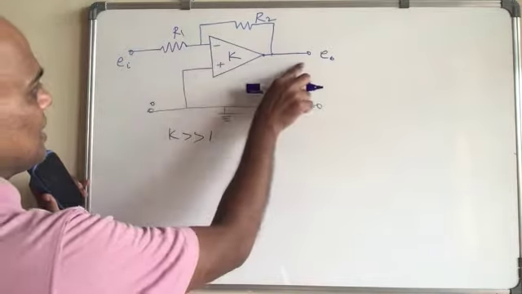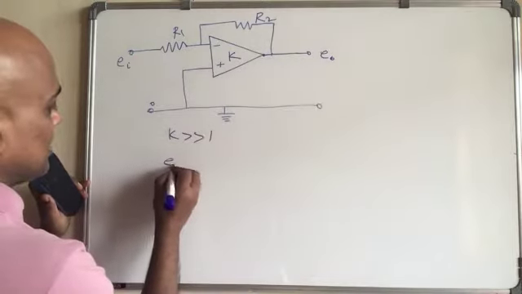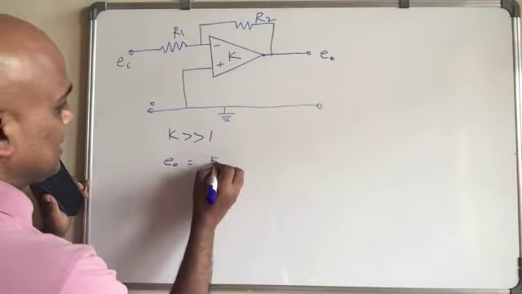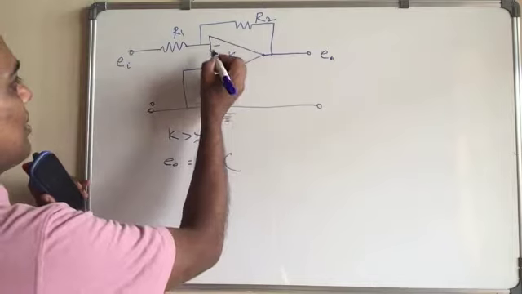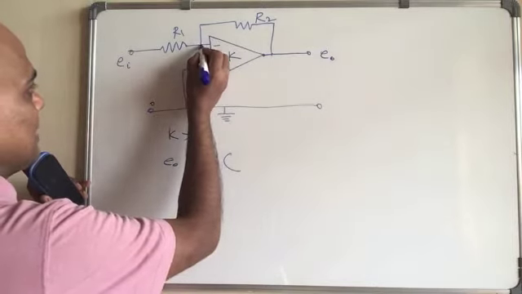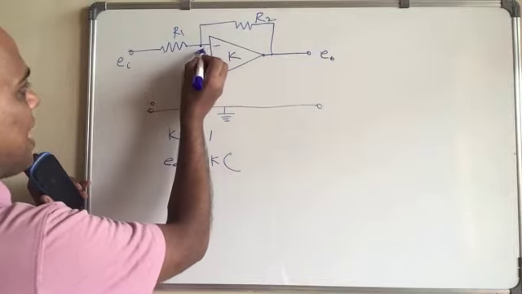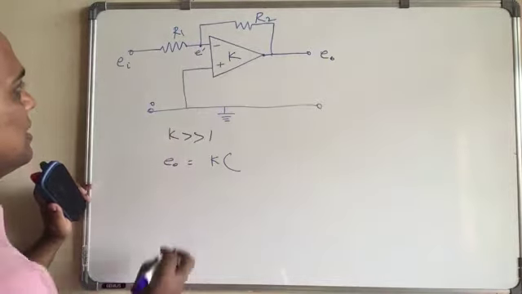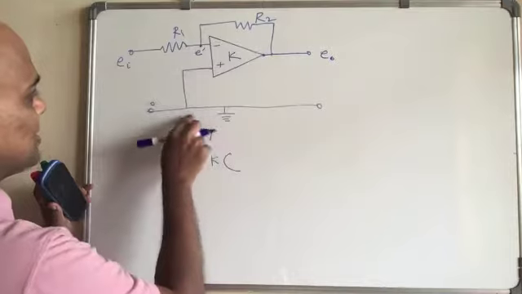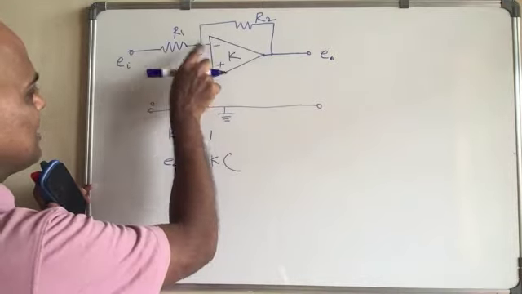Second thing is E naught equal to K times... now we don't know what the E here is, so let's call it E dash. Here it's a 0, right? This is connected to earth, so it's 0, and here it is E dash.